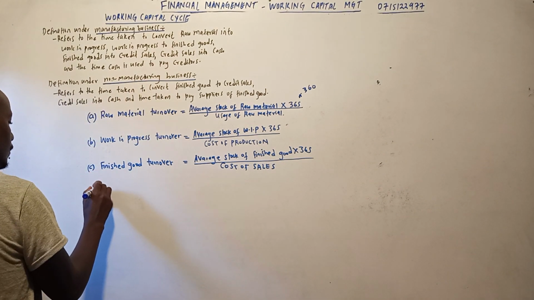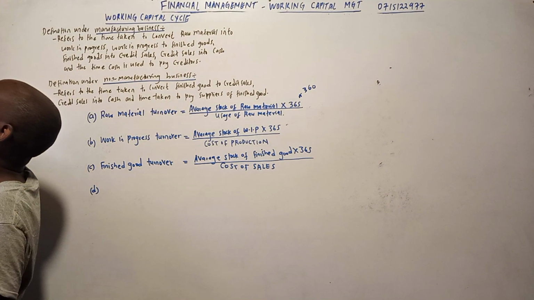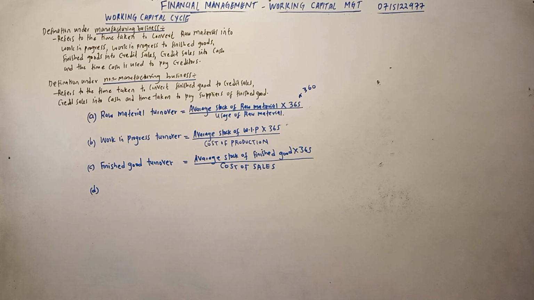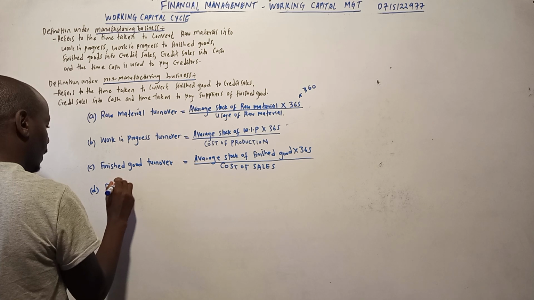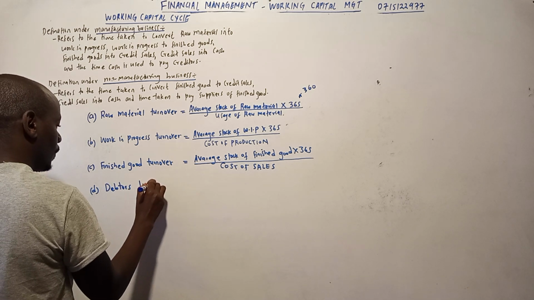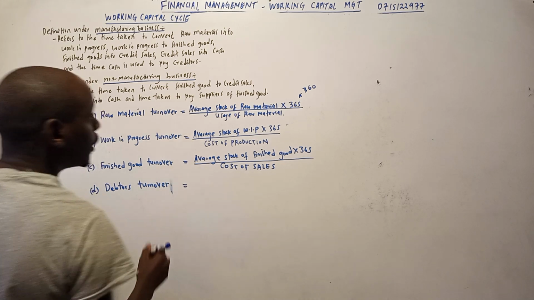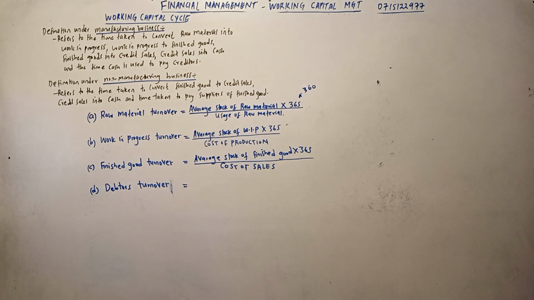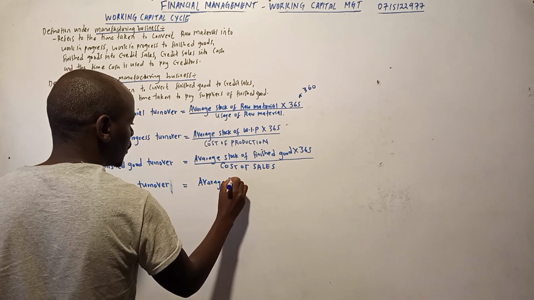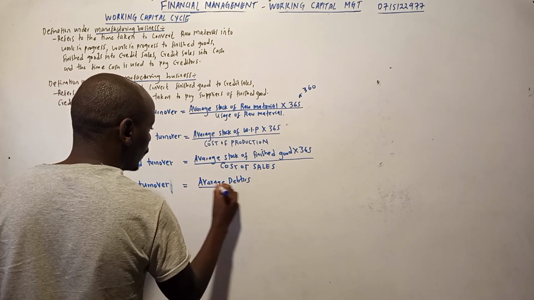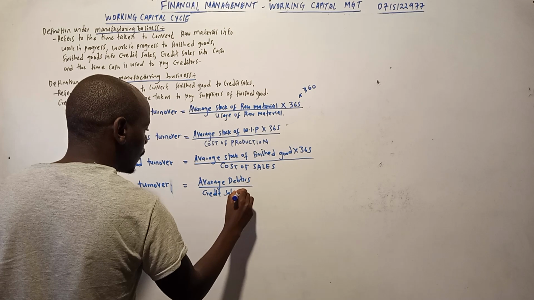Number D, you can go to debtors turnover. Debtors turnover, and we say average debtors over credit sales times 365.